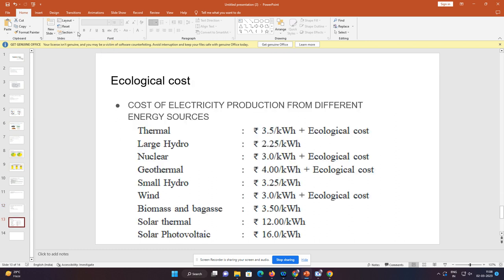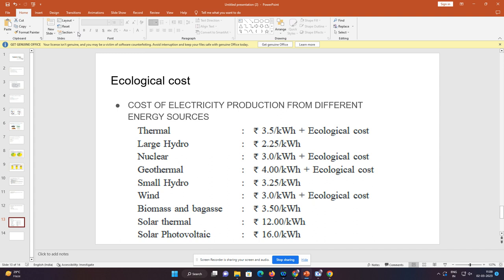Now coming to cost, ecological cost. The true ecological energy costs are higher than presently paid by customers. Ecological cost covers all expenses to correct the environmental damage occurring during the production and disposal of waste from energy sources.